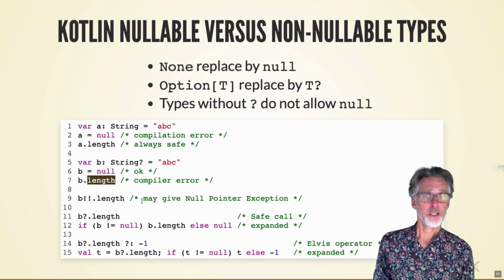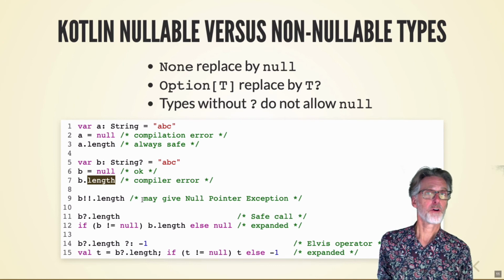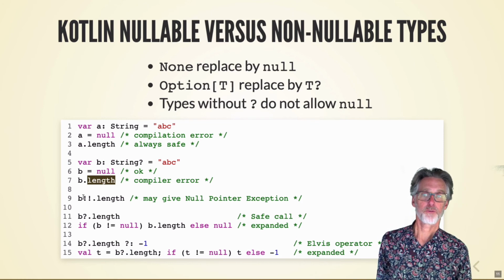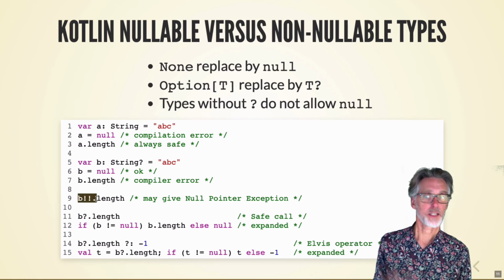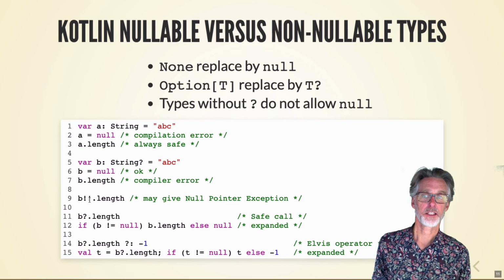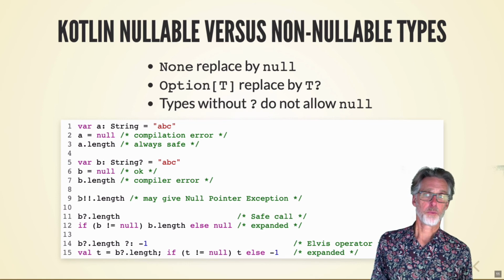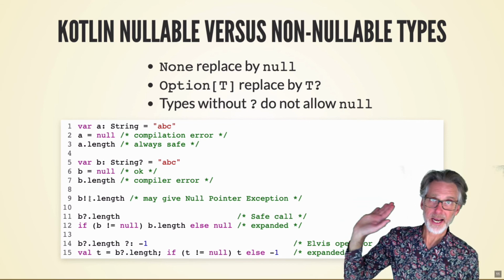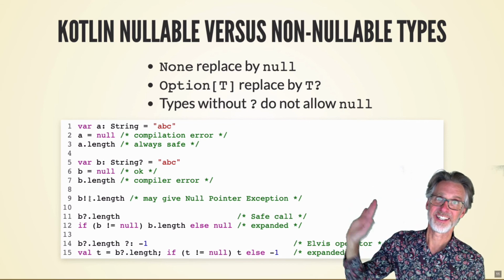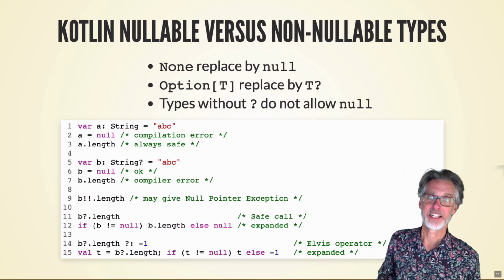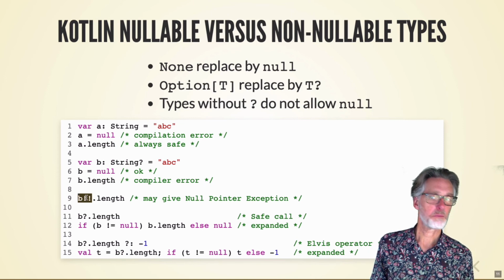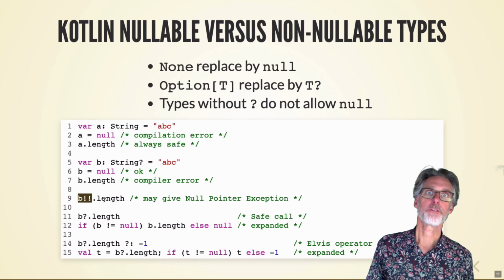If you do want to invoke this method knowing that you might get a null pointer exception, the language forces you to put some sort of operator in there. In Kotlin, it's a double bang. So b!! says, I know this is a bad thing, I could get in trouble, but I just want to do it anyway. This says, trust me, I know this is not null, and we're going to be fine.